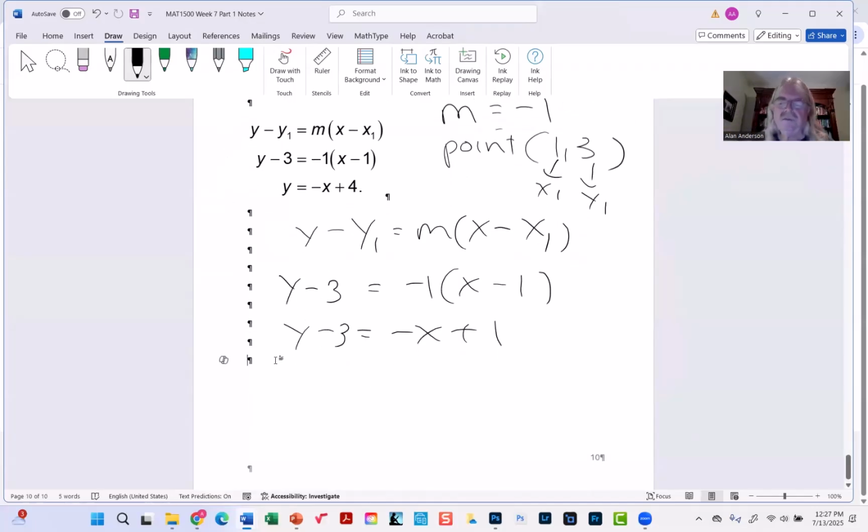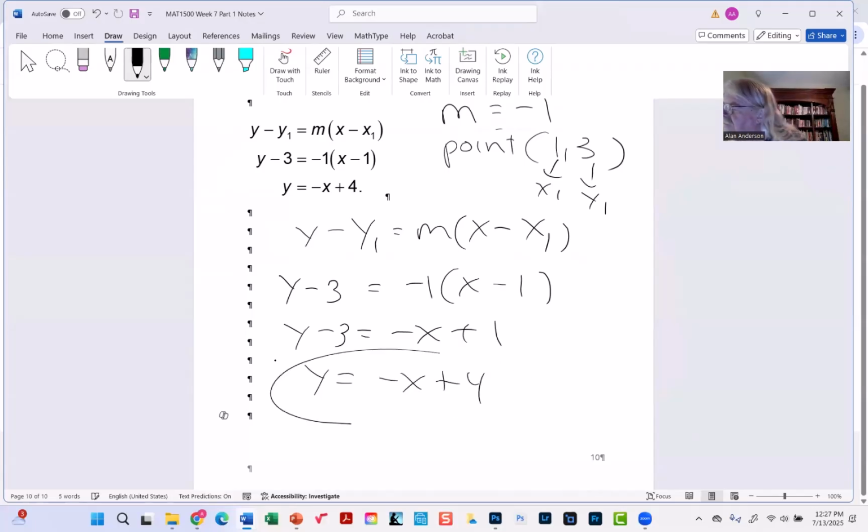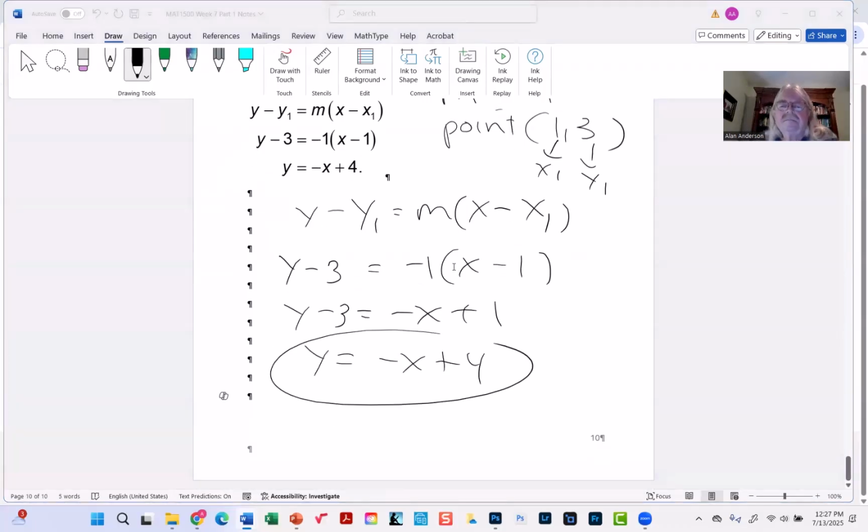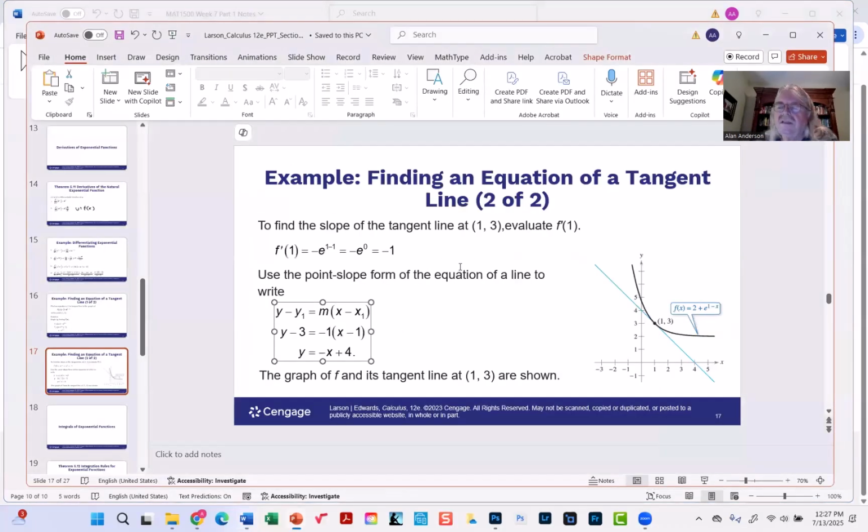All right. So in order to get this into the form y equals mx plus b, we'll add the 3 to both sides. And that's our line. All right. And of course, you can see it has a slope of negative 1 and it has an intercept of 4.